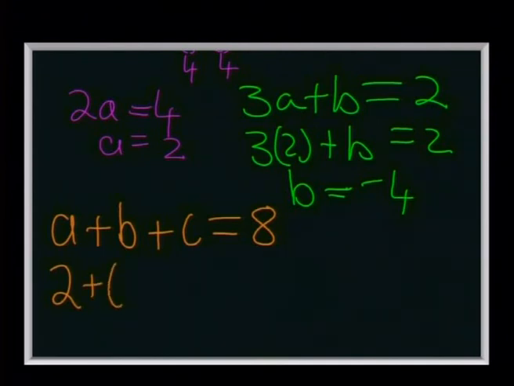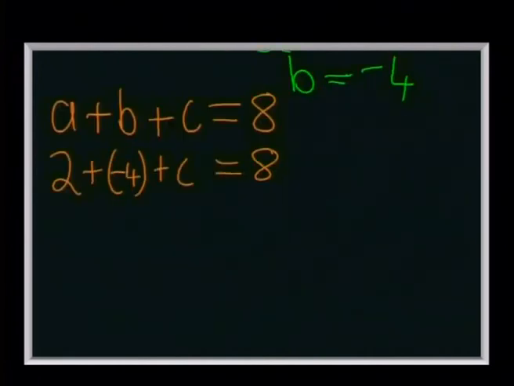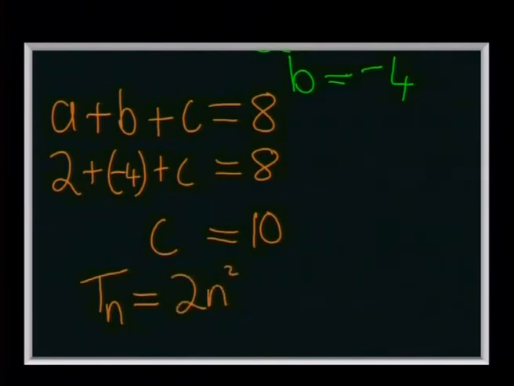We know that B is -4. And with C added to those, we need to get 8. So C is equal to, that's -2, and that's 10. Right. So my general term is Tn is equal to 2n squared minus 4n plus 10.